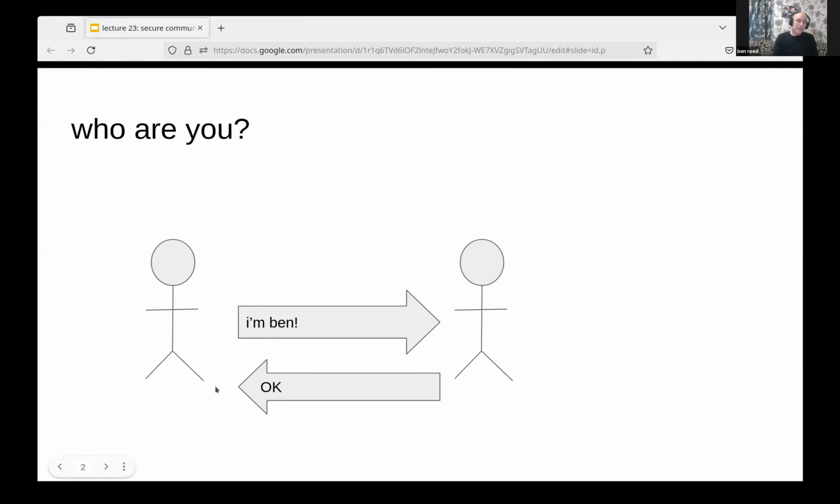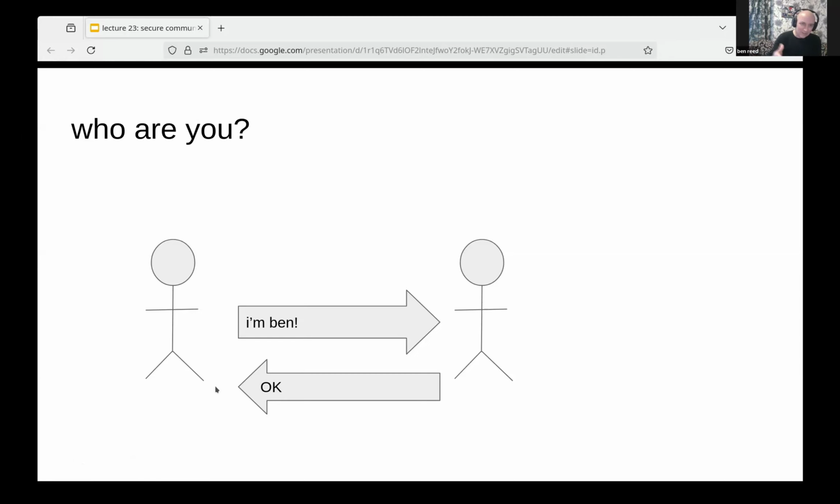This is often how we do casual conversations, like if we meet somebody for the first time. But if we want to do a transaction with Ben, maybe we were supposed to give Ben $1,000, right? So I'm supposed to meet Ben in the park, give him $1,000.